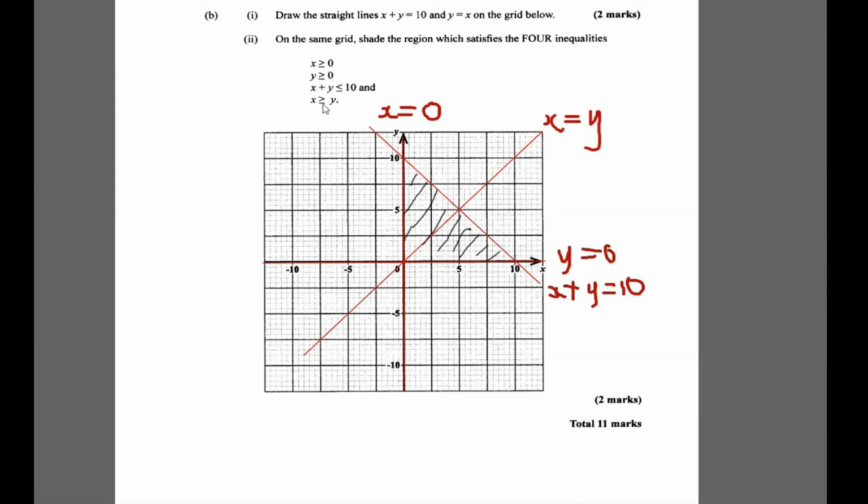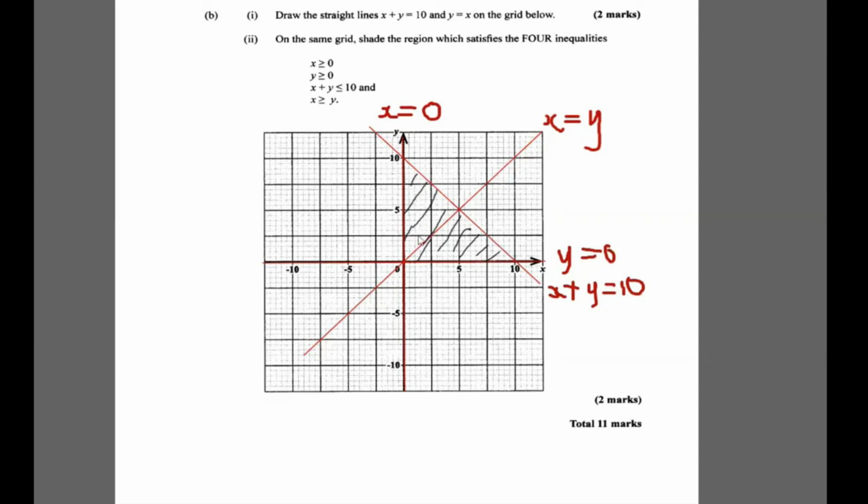But then we need to put in the final one, which is when x is greater than or equal to y. So from this solution, when it's x greater than y, we want the x value to be greater than y. The x value is greater than y in here. Can we see that? That's when x is like 7.5, y is some value here.